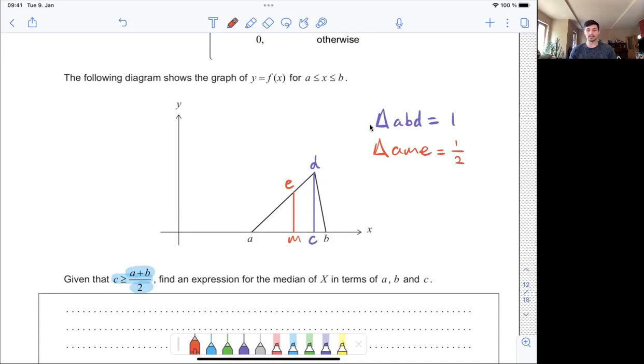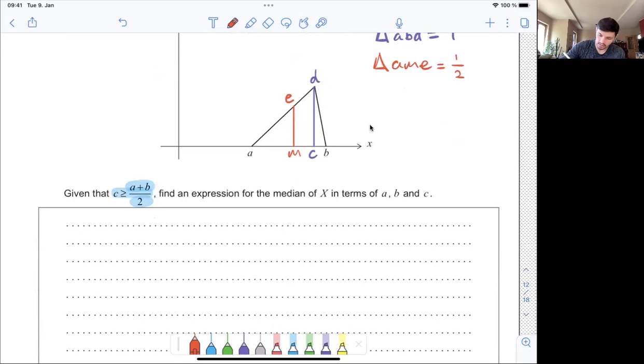From that, we can use the fact that the area of triangle AME is equal to a half to find an expression for the median m.